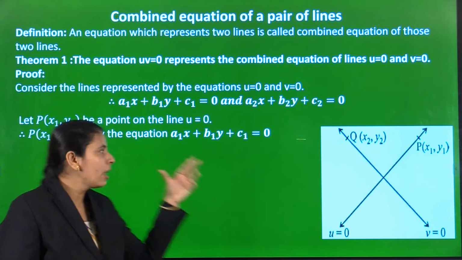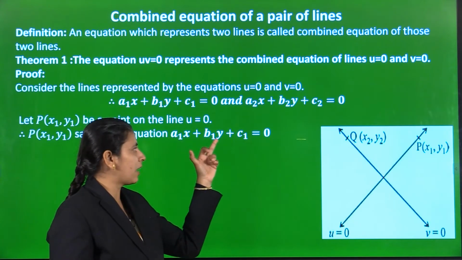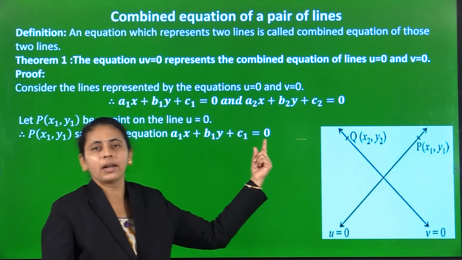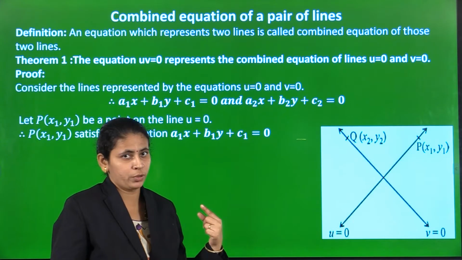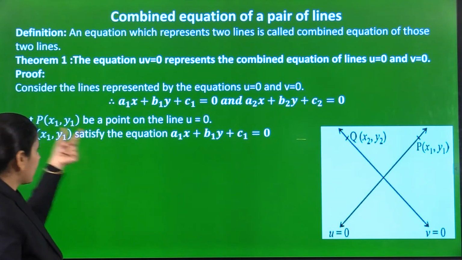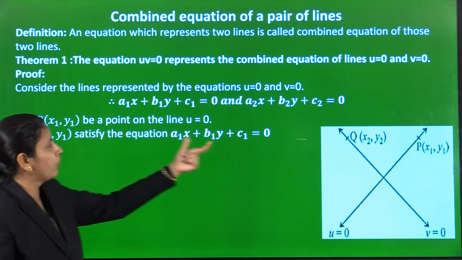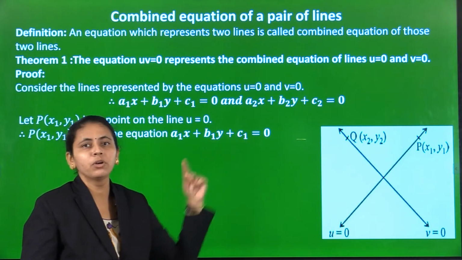What is its meaning? If instead of x and y you put x1 y1, then you will get the right hand side equal to 0.